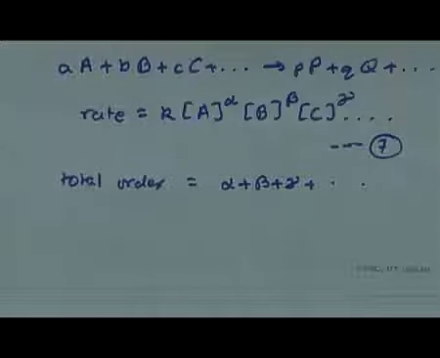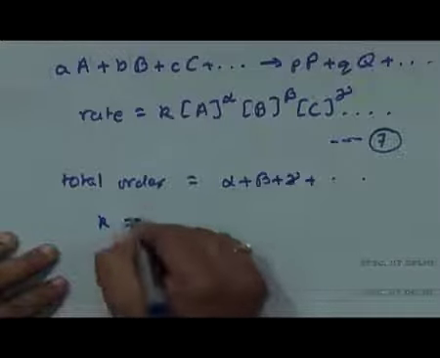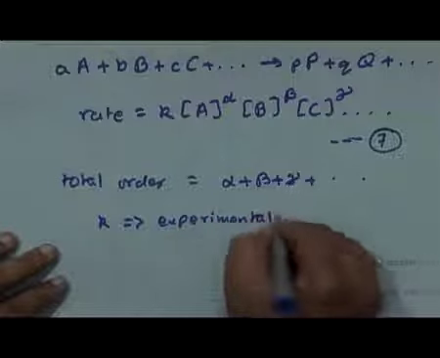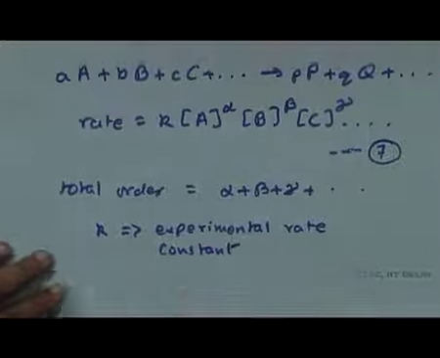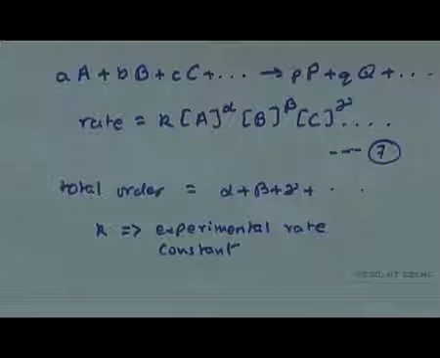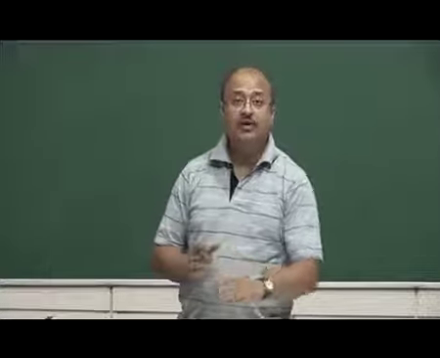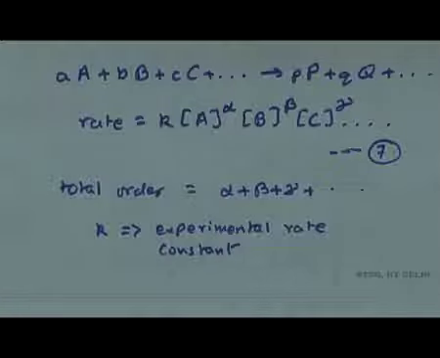Okay, that is your total order, and K is referred to as the experimental rate constant. So, order is an experimental quantity, so is the rate constant here, and having written a very general equation like this, where A, B, the small letters being the coefficients, the big letters signify the reactants and the products.